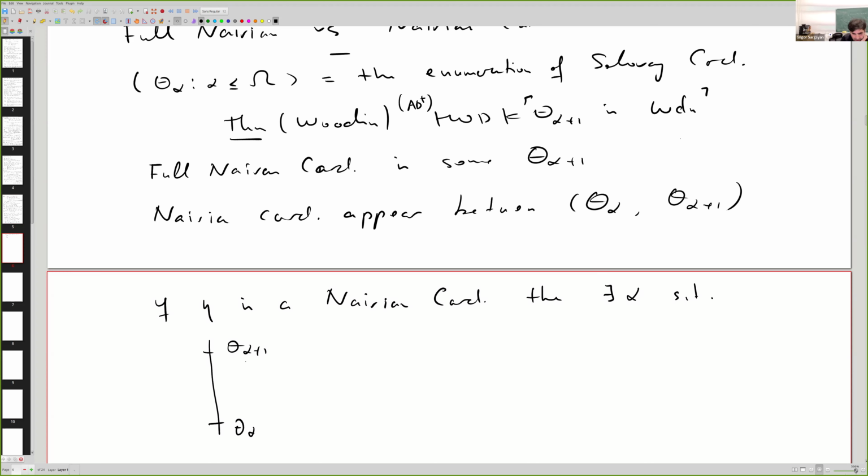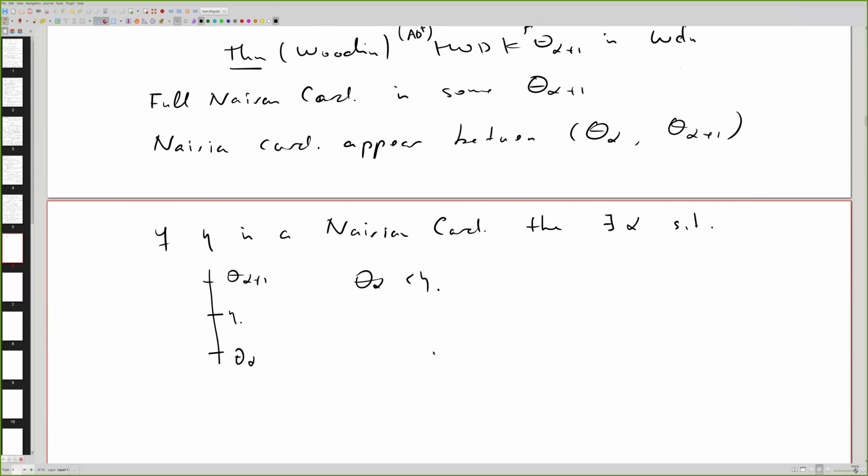I'm not saying theta alpha plus 1 is a full Nairian cardinal, but eta will sit somewhere here, such that theta alpha is less than eta. And theta alpha would be its theta in the Nairian model. Yes, theta alpha is theta of the Nairian model. This is exactly what happens.